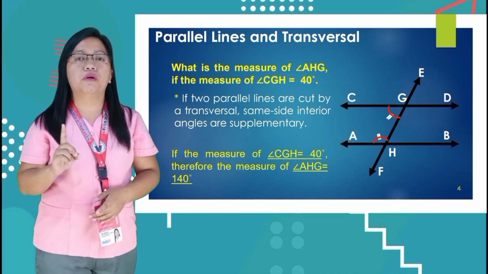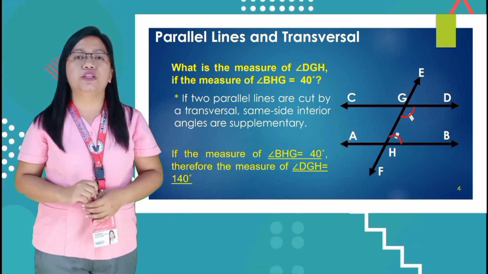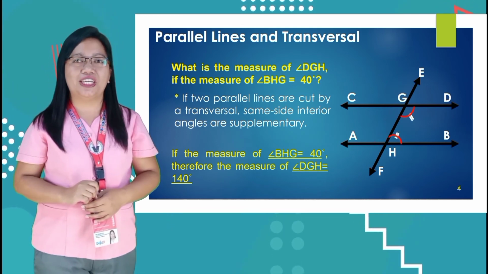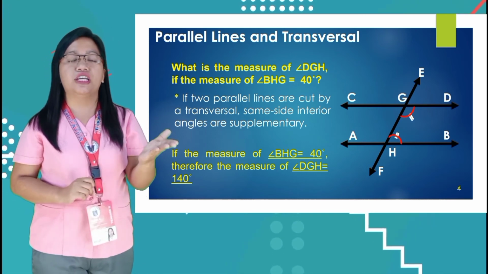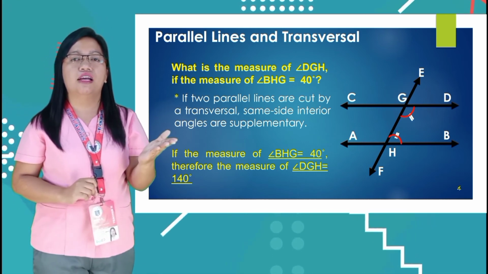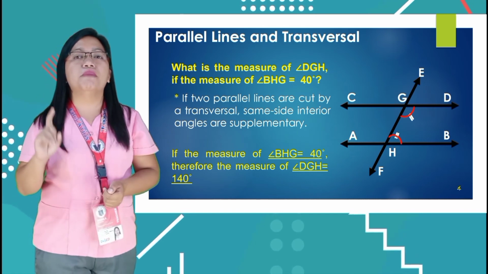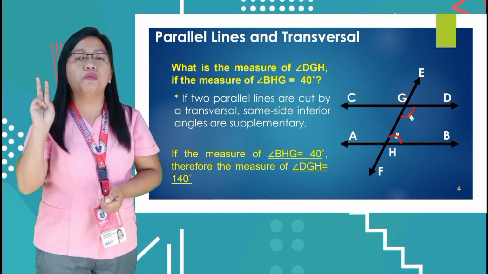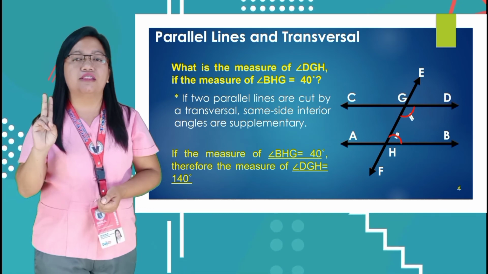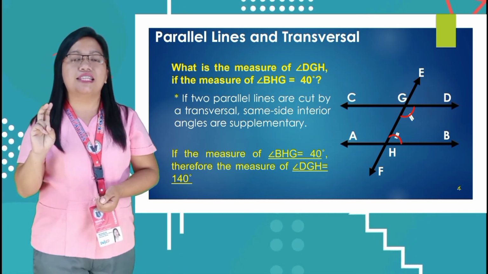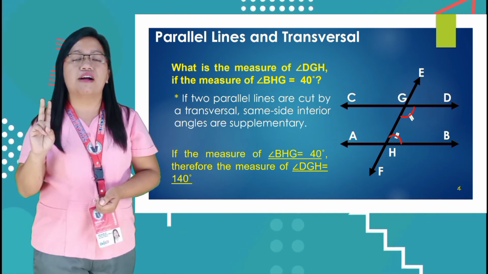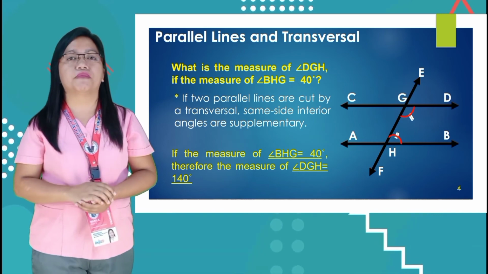Next example. What is the measure of angle TGH if the measure of angle BHG is 40 degrees? Again, remember the rule: if two parallel lines are cut by a transversal, same side interior angles are supplementary.